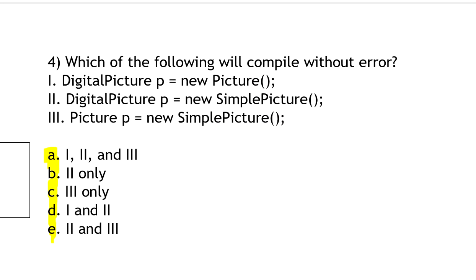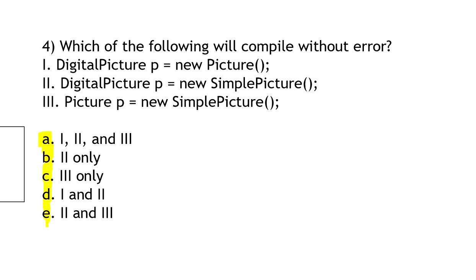So one of the things that would be a problem, it's not a problem here, is we would never see, for example, the keyword new followed by digital picture. The reason why is digital picture doesn't even have a constructor. We can't make an instance of a digital picture. It just doesn't make any sense. There's nothing there. So that doesn't eliminate any of these choices. So far, all of these would work.